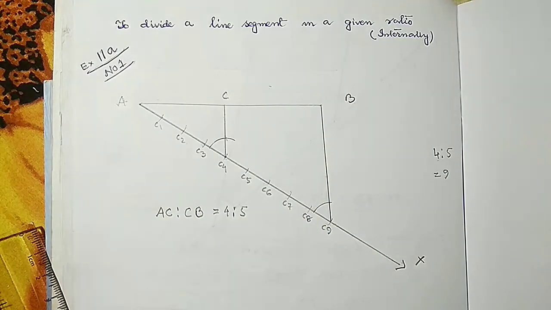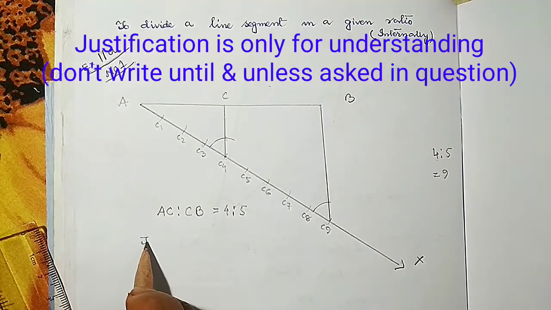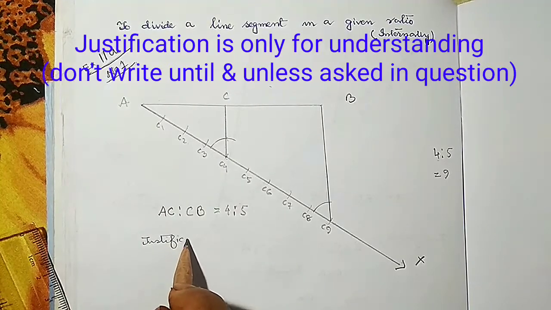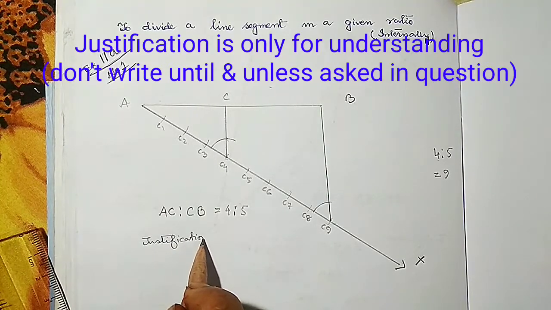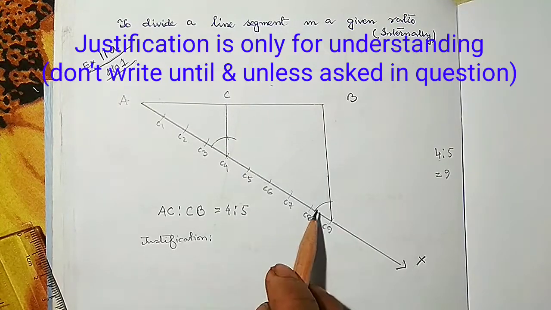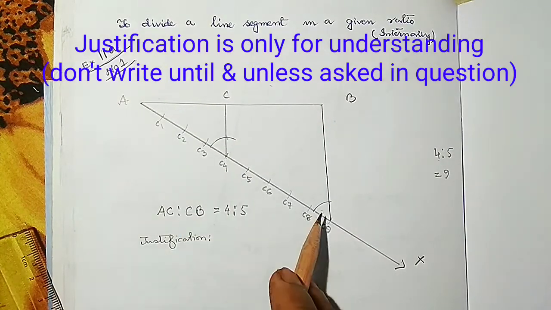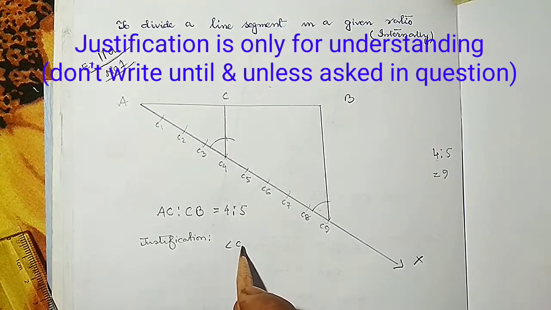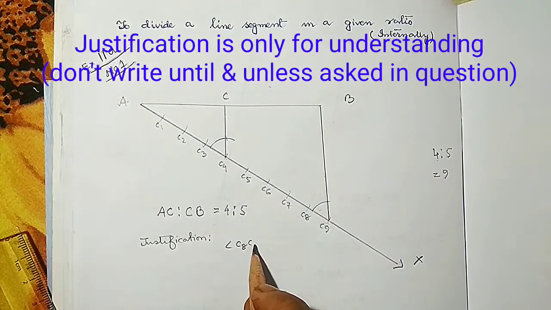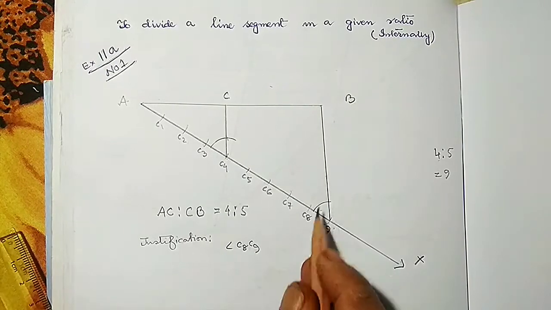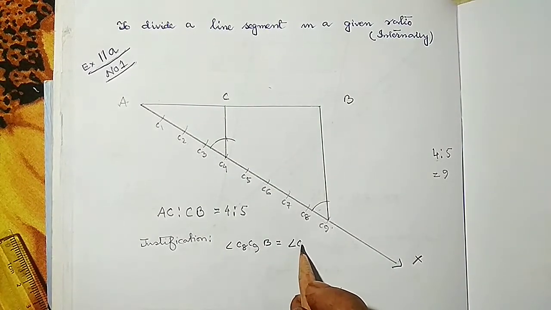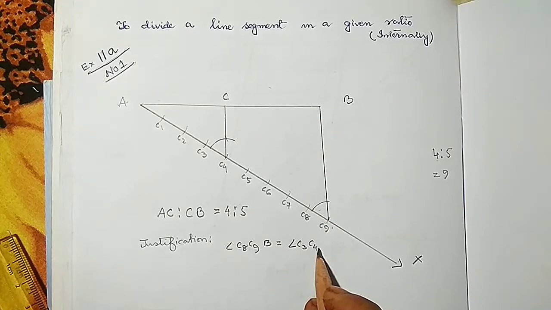Now what is the justification? You can just write justification here, though in the exam it is not required. For the justification, since these angles are equal, this line and this line are parallel, so you can write angle C8C9B is equal to angle C3C4C.